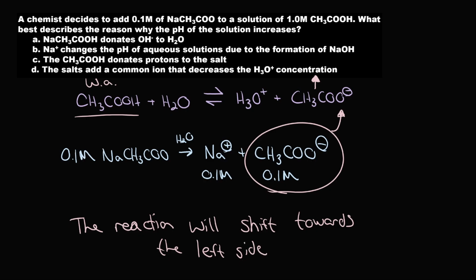Let me clarify that again. Because we added a common ion on the right side, the reaction will shift away from it in order to re-equilibrate, or it'll shift more towards the left side.